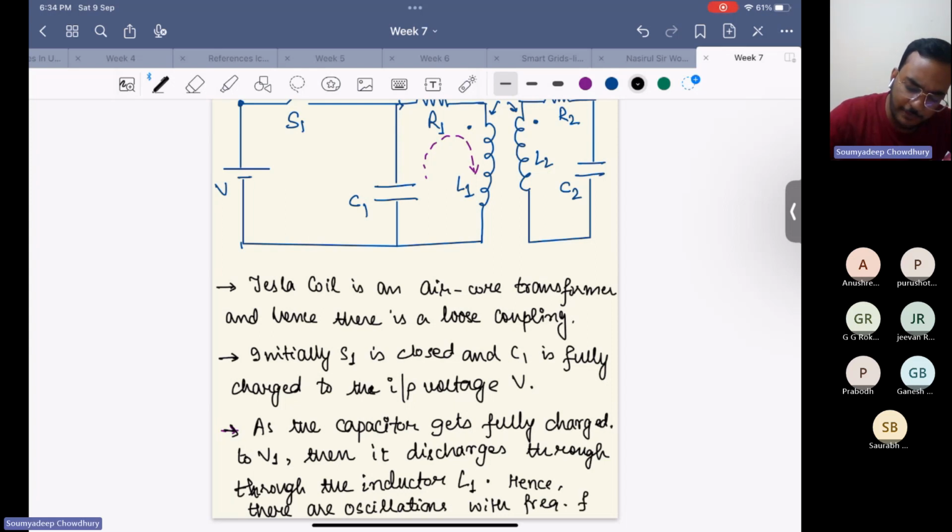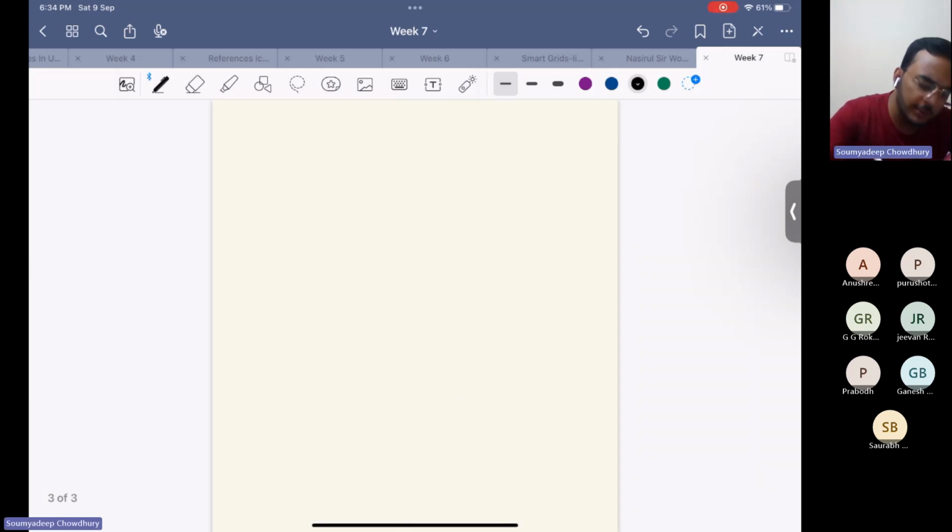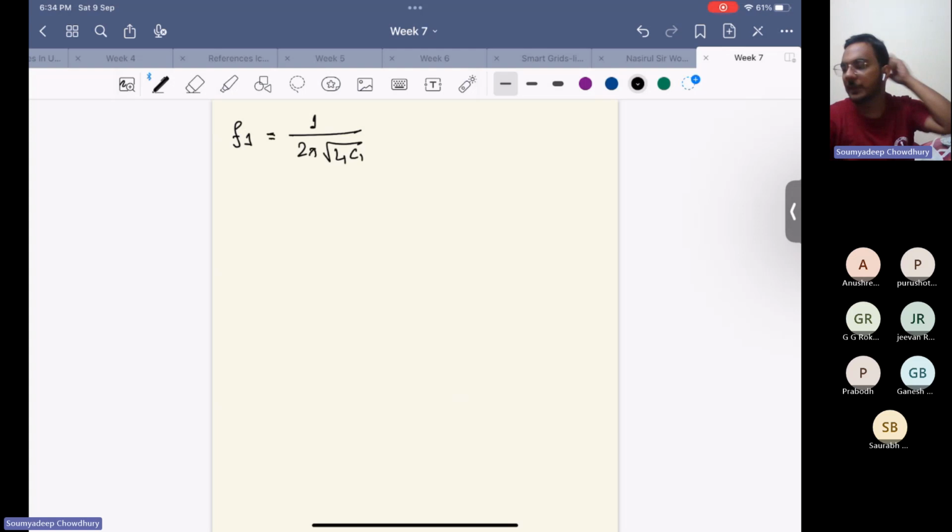What will be the frequency of oscillation? Anyone? Since the discharge is happening between L1 and C1, the frequency will be 1 by 2 pi root L1 C1. Now the primary is fully energized.